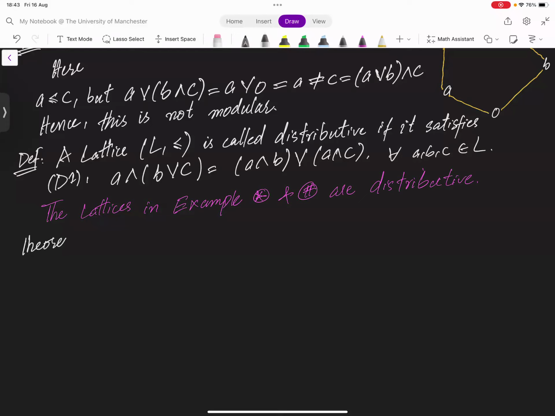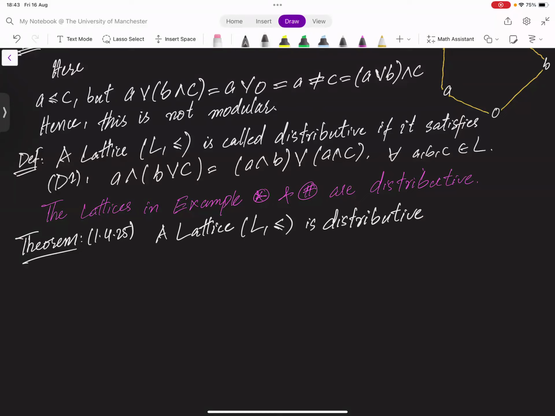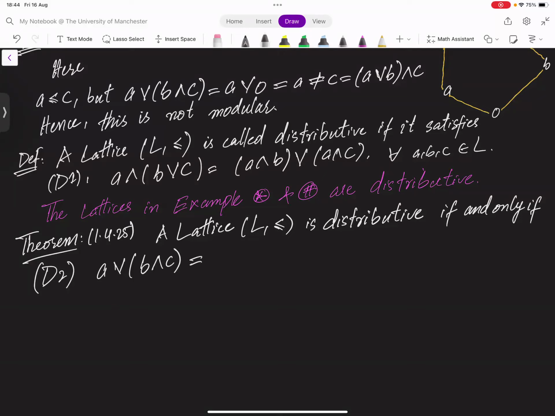Theorem. A lattice L is distributive if and only if we have a condition D2 that A or (B and C) is (A or B) and (A or C).